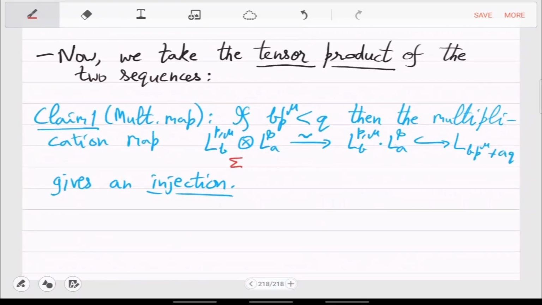Second one was G2. So if I have sigma G2, or just a single rank 1 tensor product, it will look like this, and this will be mapped to G2 times G1, which will be mapped to some G3.